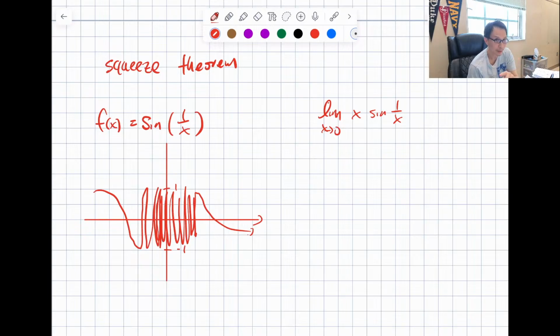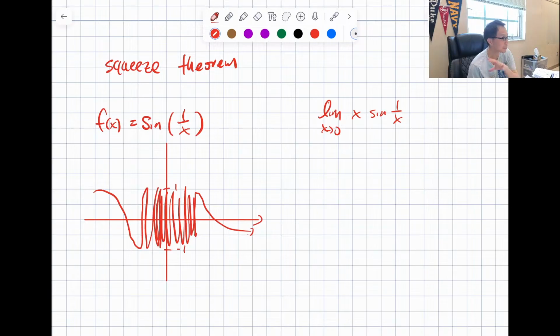However, this one is a little bit different. How do I find the answer for the limit as x approaches 0? If I go with my original thought process, it's probably going to be oscillating, or does not exist. But this one is slightly different. To evaluate it, we have to think a little bit further.